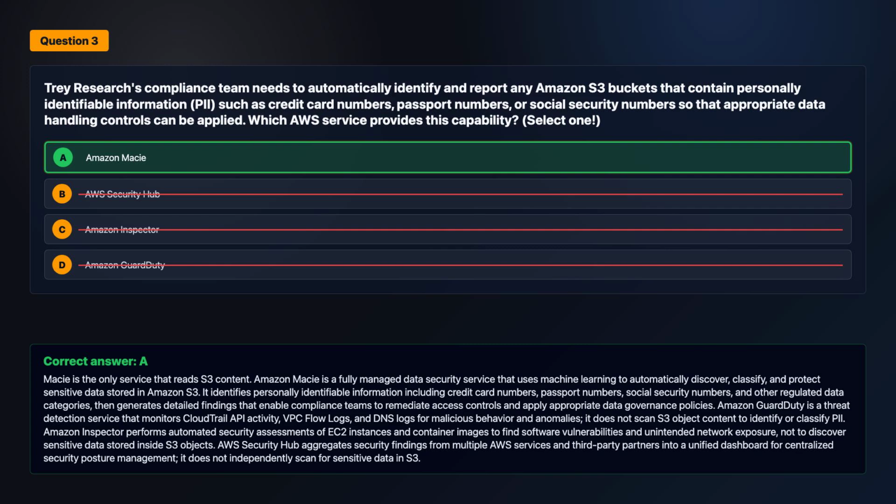Amazon Inspector performs automated security assessments of EC2 instances and container images to find software vulnerabilities and unintended network exposure, not to discover sensitive data stored inside S3 objects. AWS Security Hub aggregates security findings from multiple AWS services and third-party partners into a unified dashboard for centralized security posture management. It does not independently scan for sensitive data in S3.